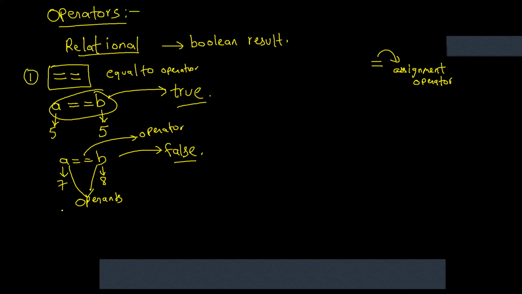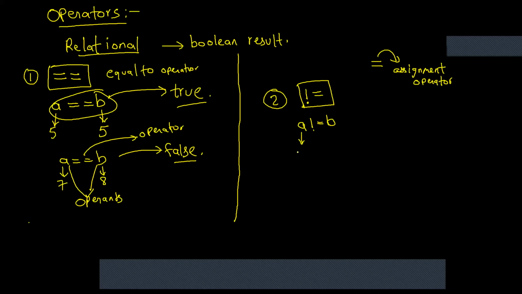Let me tell you about another operator, the second one. Similar to this, there's something called not equal to, the inequality operator. It is also a binary operator, working on two operands. If this has a value 5 and this has a value 4, then it will return true, because they are unequal.